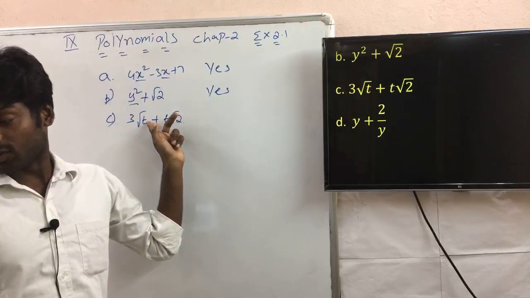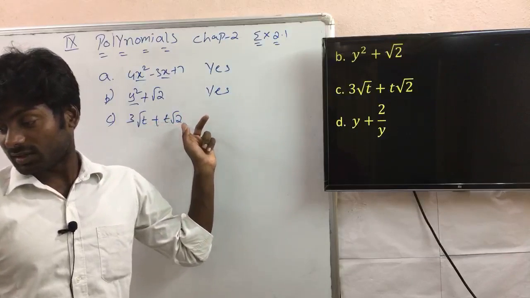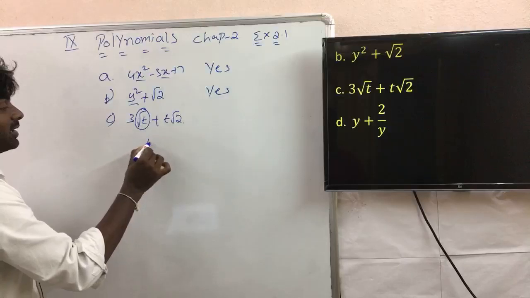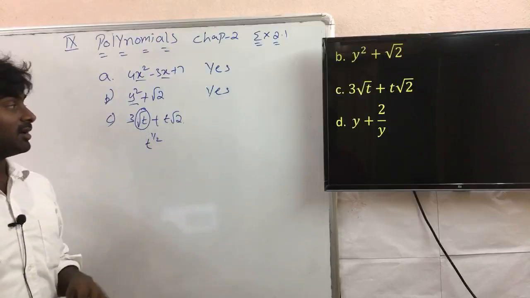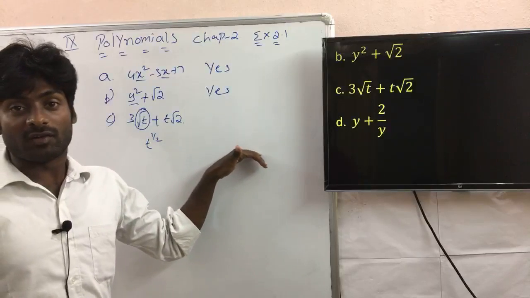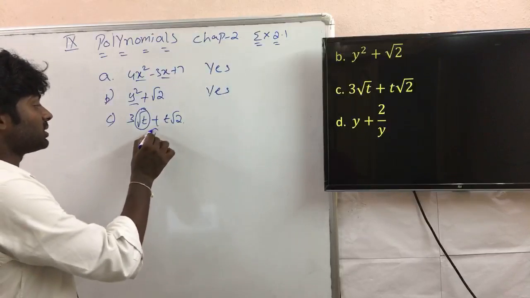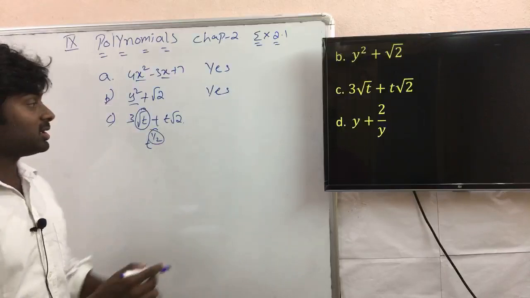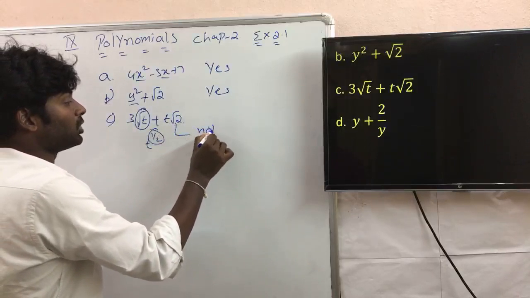Yes, Riddhi, you are correct, and Selvi also correct. It is not a polynomial, because if you take this one, it is t power 1 by 2. I already said the power of any variable in the polynomial must be a non-negative integer. Here we got a rational number, so it is not a polynomial.